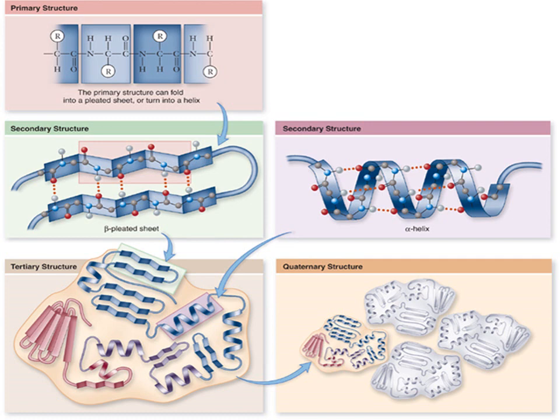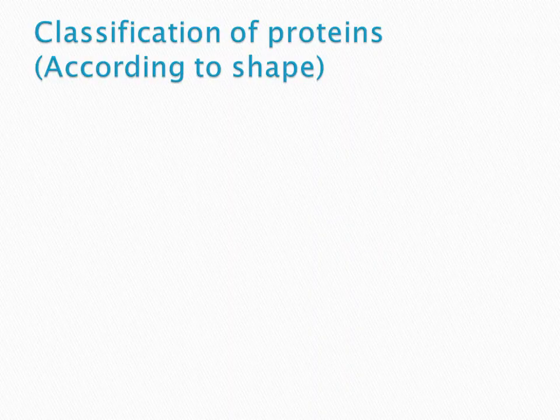Association or more folding of alpha helix and beta pleated sheet leads to the formation of tertiary structure. Some proteins contain more than one subunit, so association of more than one subunit forms quaternary structure. In the tertiary and quaternary structure, the protein is functionally active and soluble and can fit inside the nucleus.